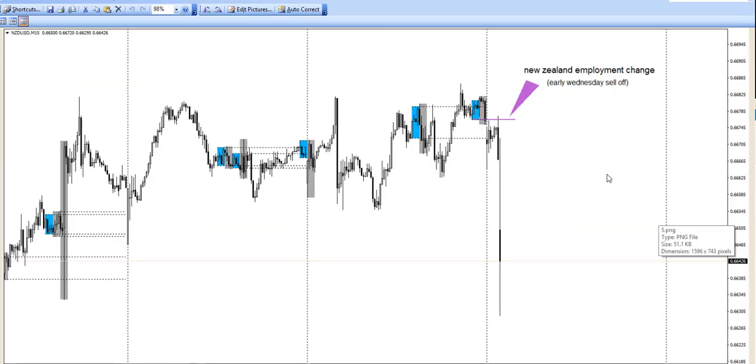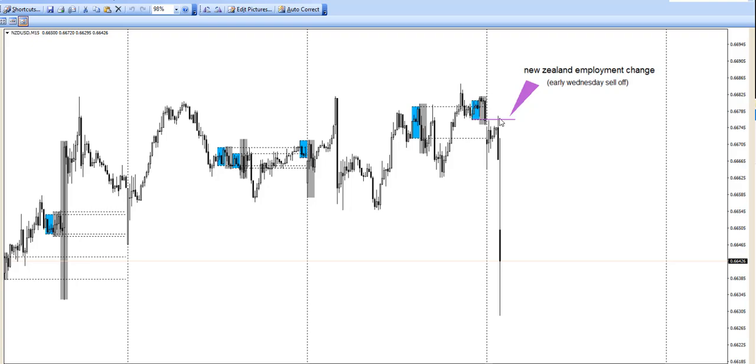This example here is identifying how early Wednesday sell-off is quite common for New Zealand dollar. And it just so happened to be a data read at our levels, and you'll see that worked out nicely as a sell setup. After the previous daily highs were taken out, you saw distribution come into the market, and they used that fair value to sell off.